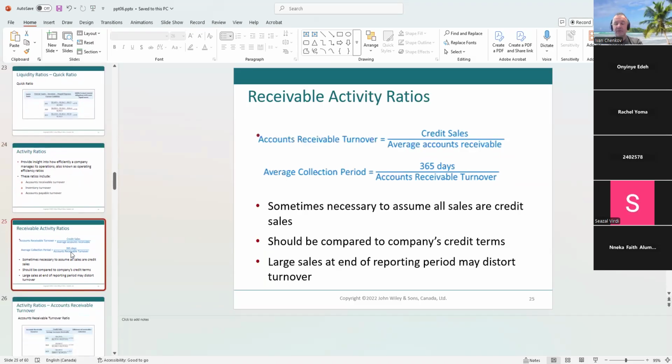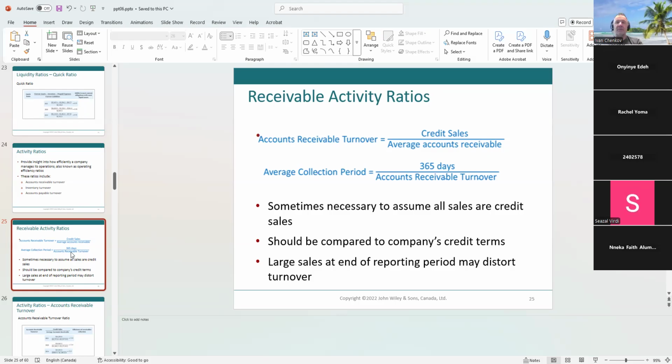Accounts receivable turnover simply measures how fast you can collect your accounts receivable, or how fast you can collect on sales that you make on credit, where the customer doesn't pay you cash at the time of the sale. Do you need to know that ratio? Absolutely. It helps you calculate how long it's going to take for the customer to pay you.